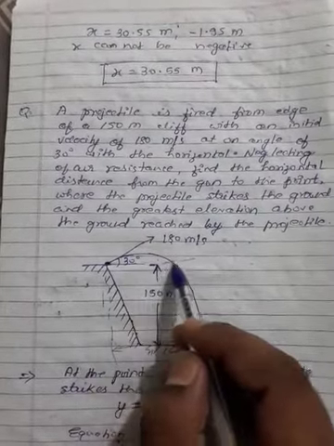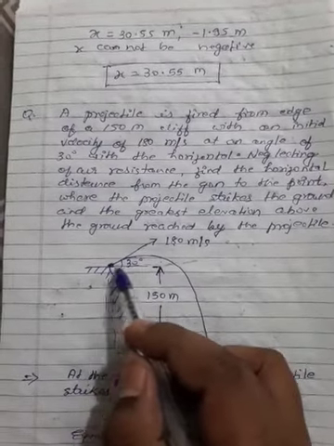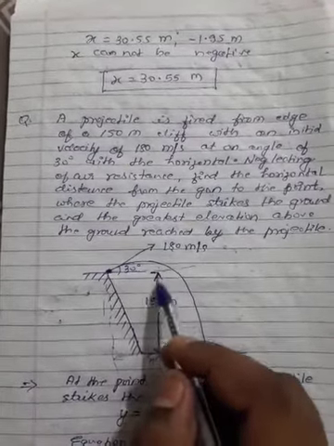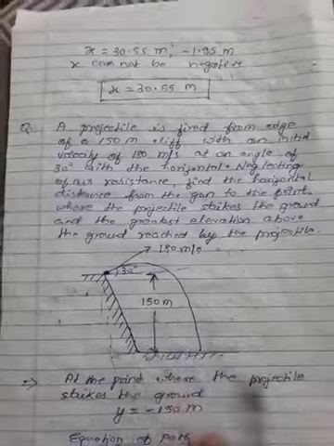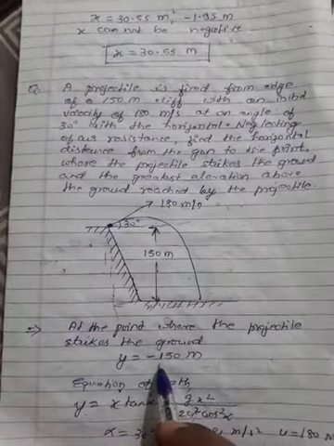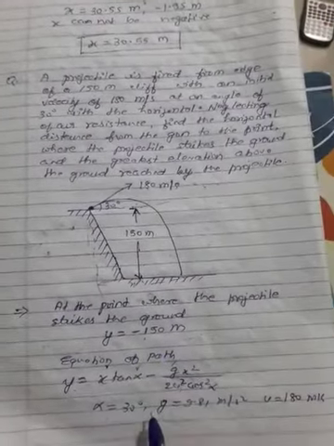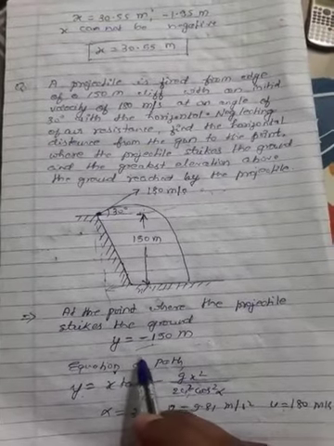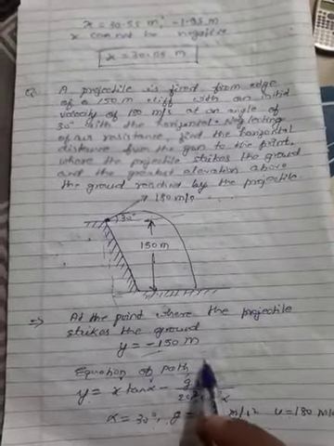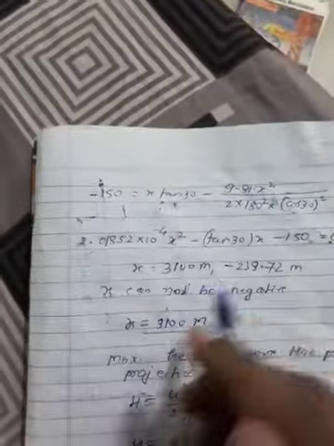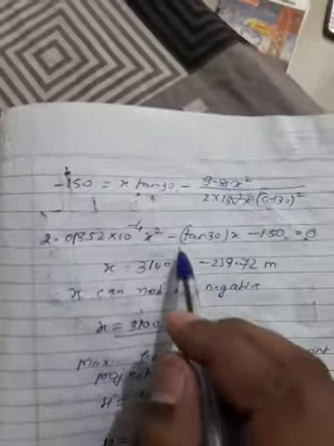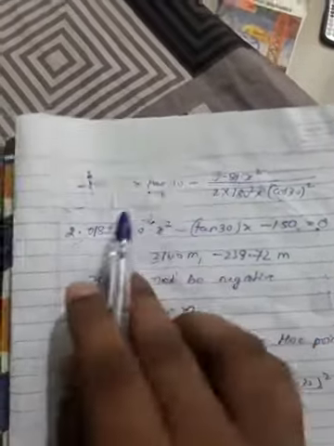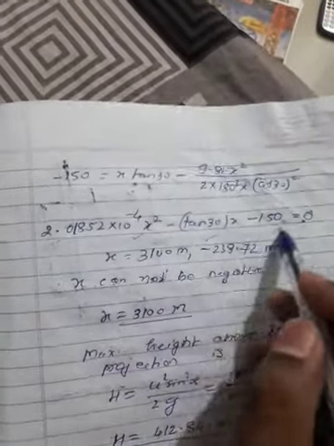It is covering the distance below the point of projection, 150 meters below, so y equal to minus 150. I am putting all the values of alpha, g, u and y in the equation of path of the projectile. After putting in these values I will get the value of x; initially it will convert into a quadratic equation.